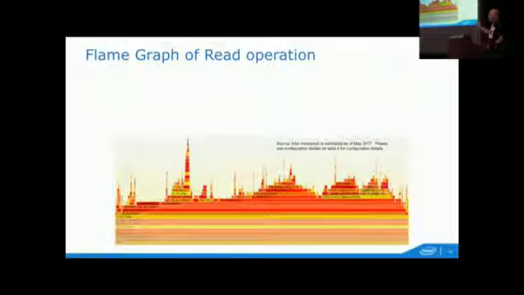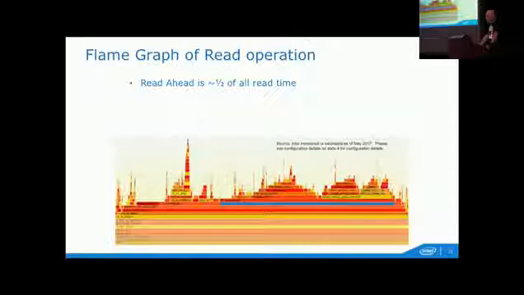And again, this is a flow graph of read operation. And again, half of all read time is spent in the read ahead functionality. Most of the time of read ahead, again, we spend for page cache allocation.